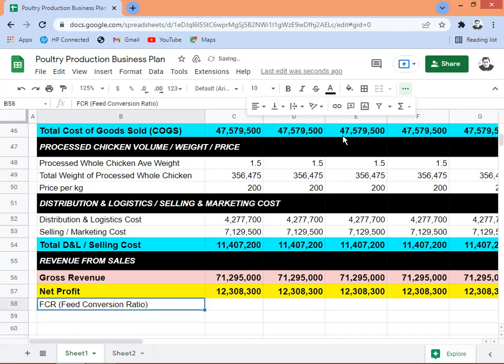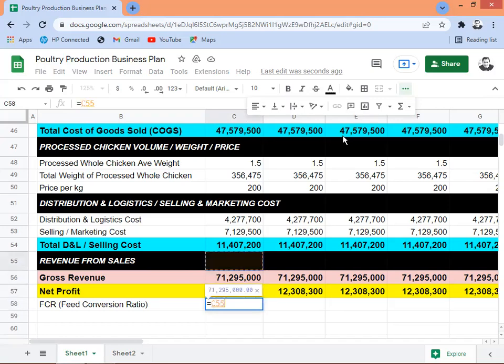What is the feed conversion ratio? This ratio is the weight that you have consumed for your feeds, you divide by the net weight of your chicken that you're harvesting, or the total crops.